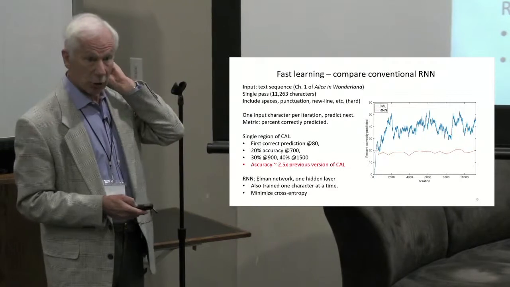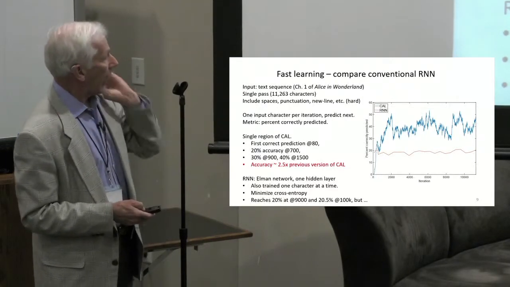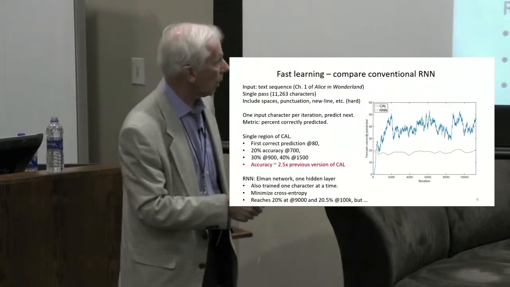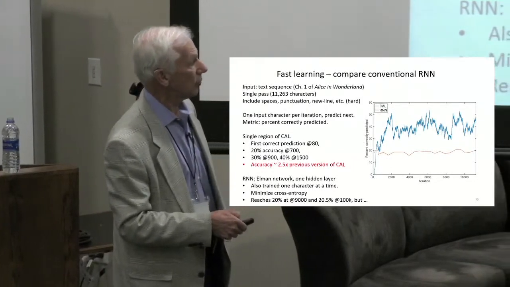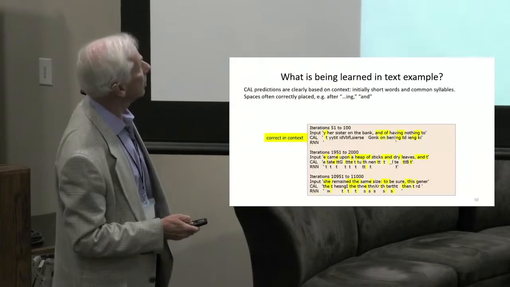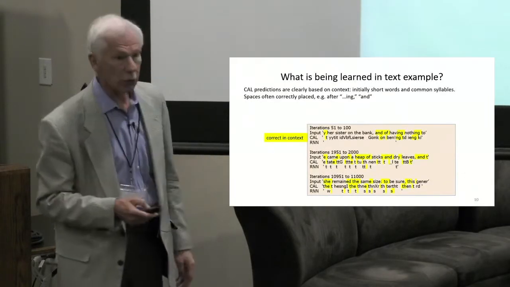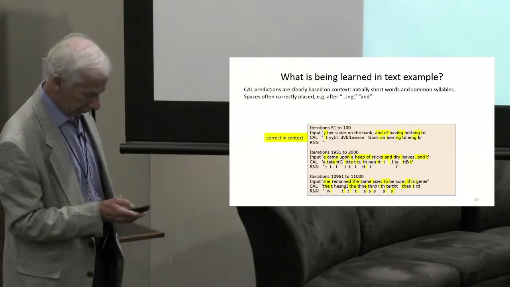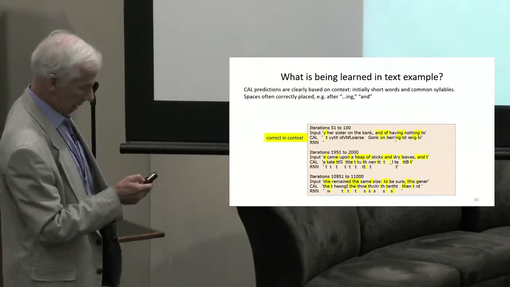It's minimizing cross-entropy loss function. And it very quickly gets to 20% as well, but then never gets any better. And part of the reason for this is about what is really being learned. And it illustrates this aspect of, I've got 2 minutes, well.